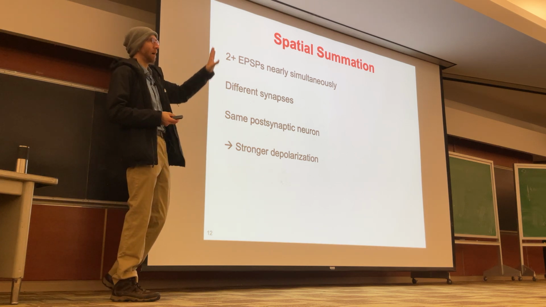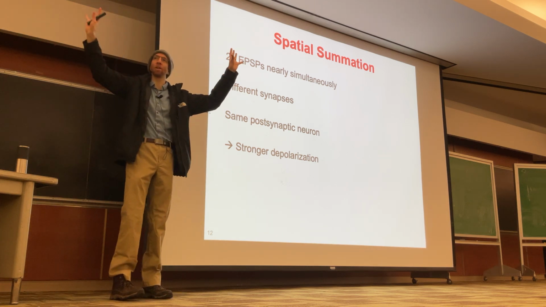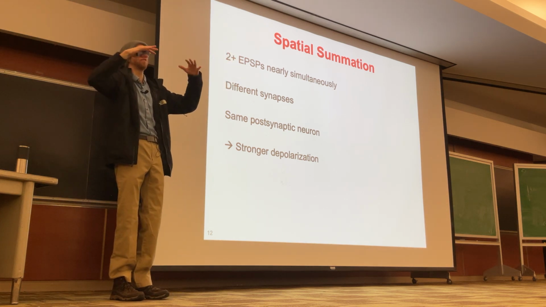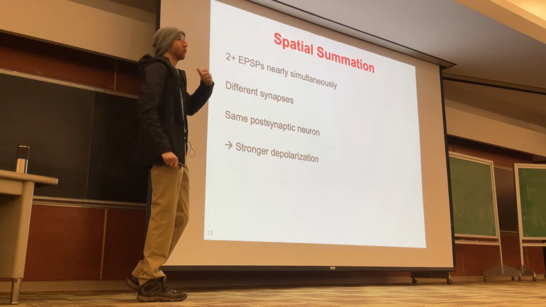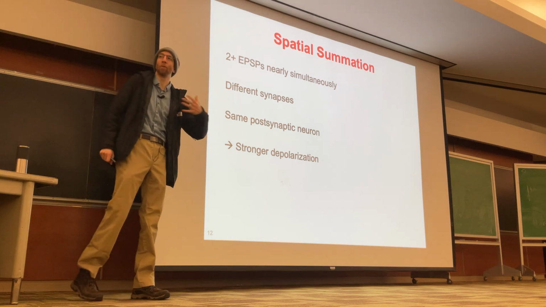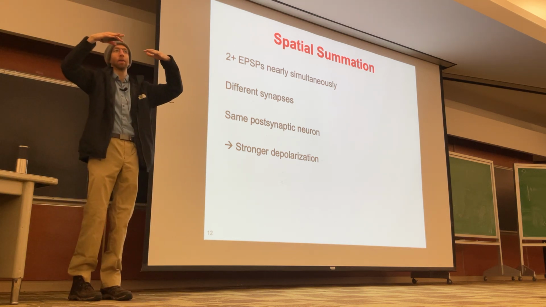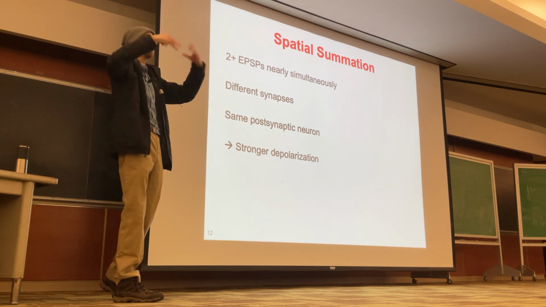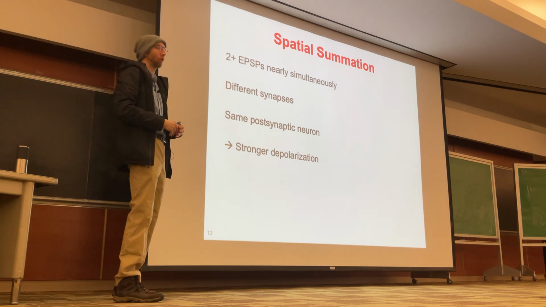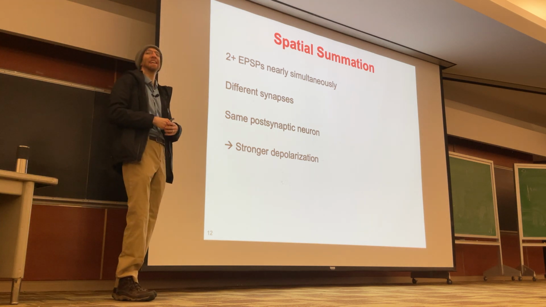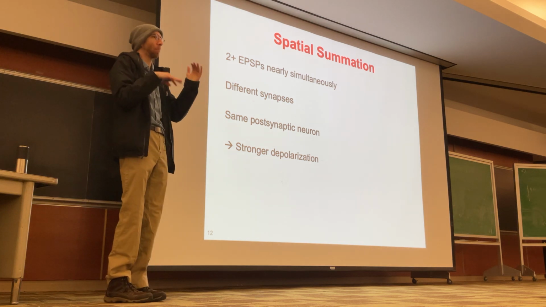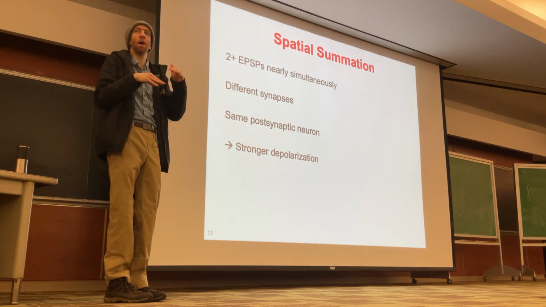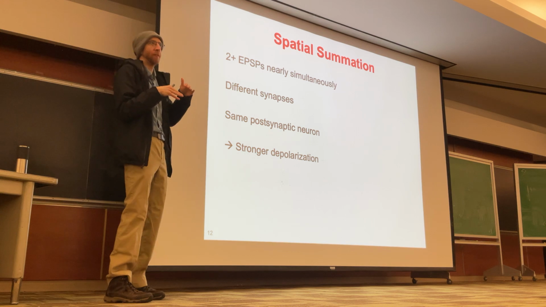So you have one synapse, a second synapse, those signals arrive together, and their effects are going to interact. If they are synergistic with each other, right? If they're both excitatory, then they're going to stack. So you can get a stronger depolarization and potentially achieve the threshold potential. If they are antagonistic to each other, if they're opposite, then they might cancel each other out, either in part or in full, depending on the magnitude of that depolarization.